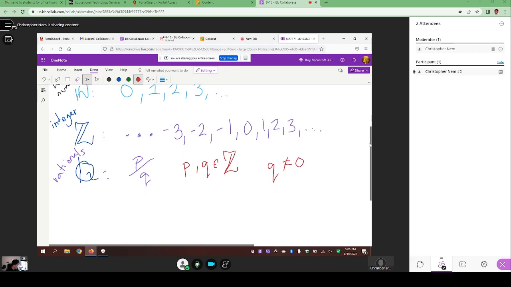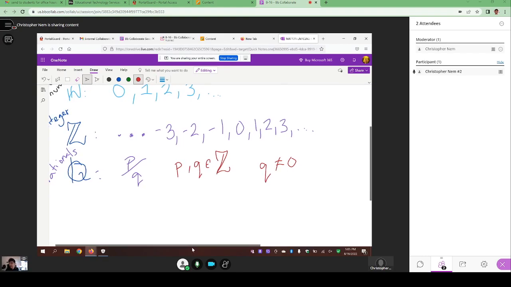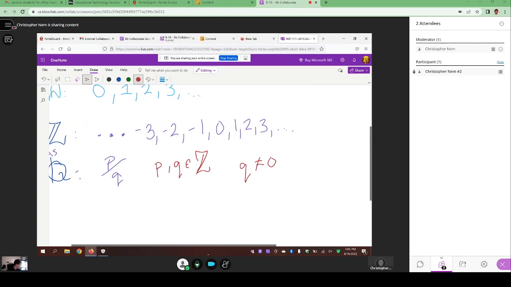So let's write some examples of rational numbers, because with the other sets you were able to see that. However, for rational, I didn't give a concrete example. So for example, we have 2/3. Why? Because 2 is an integer and 3 is an integer.